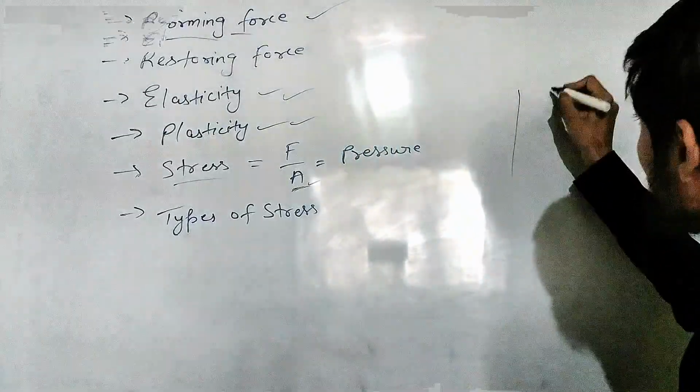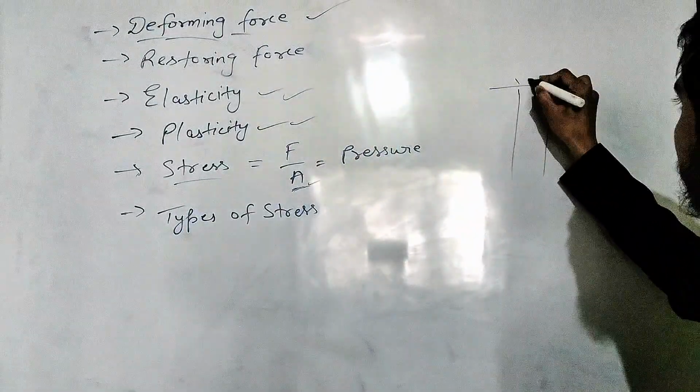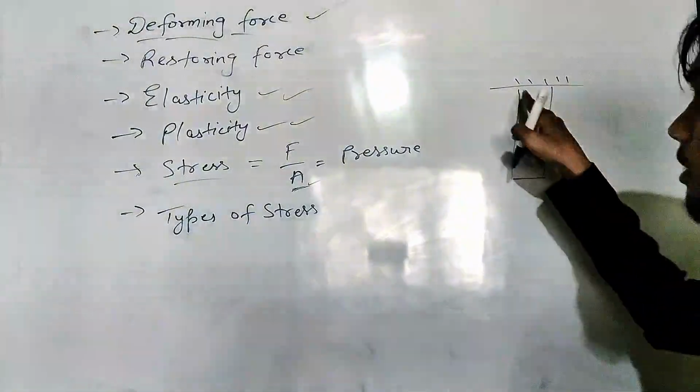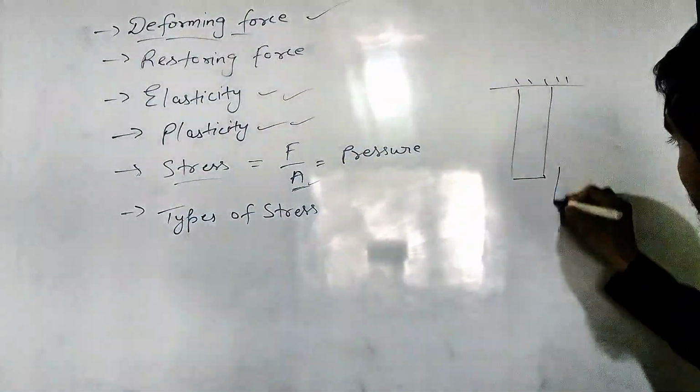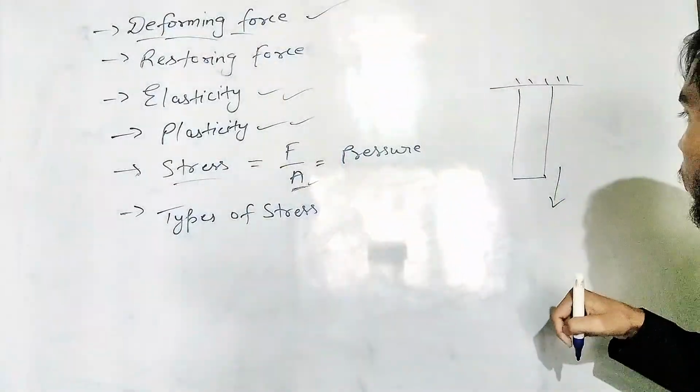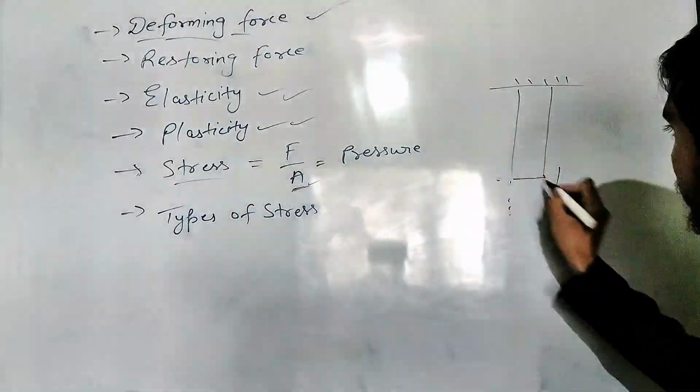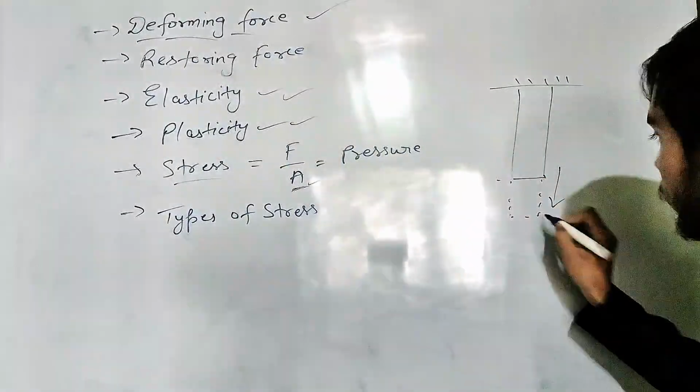Let's suppose, as an example, there is an object which is fixed to the roof, and we apply force downward. What will happen? Initially it was over here, and finally it came over here.